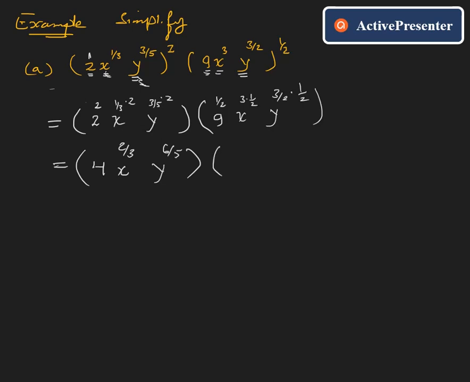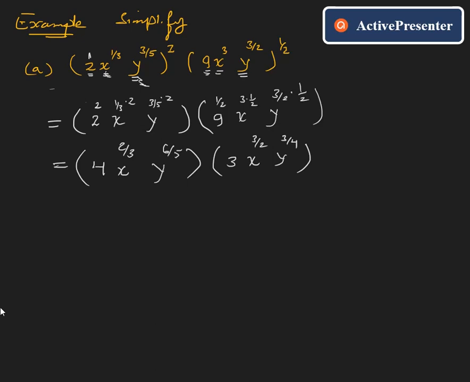The other part, 9 to the power half equals the square root of 9, which is 3, okay. So this is 3. x to the power 3 multiplied in 1 over 2, so it's x to the power 3 over 2. y to the power 3 over 2 multiplied in 1 over 2 should be y to the power 3 over 4.